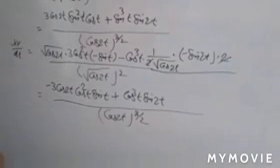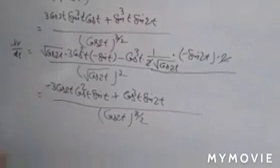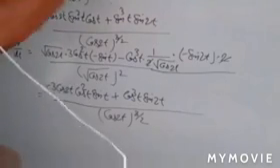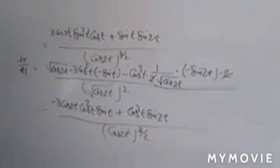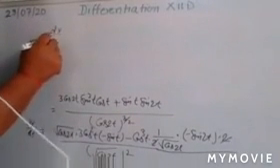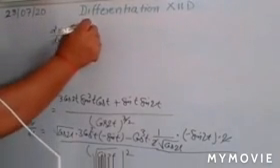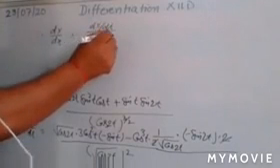So in this way you have the values of dx by dt and dy by dt. Now find the value of dy by dx with the help of these two. The value of dy by dx is equal to dy by dt upon dx by dt.